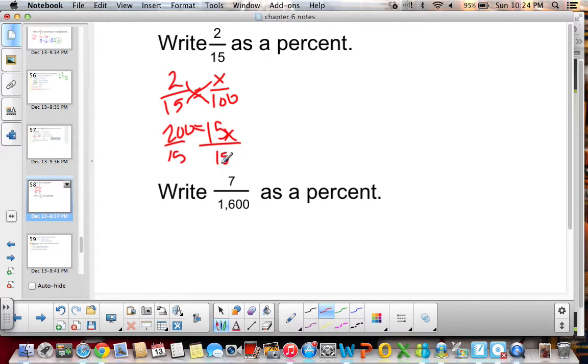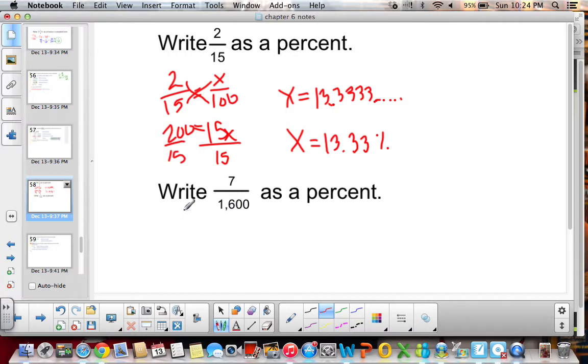So x equals 200 divided by 15, which if you divided that, it would be 13.333 and so on. So I'm going to round to the nearest hundredth. We don't move our decimal when we write it as a percent, so it's going to be 13.33%.